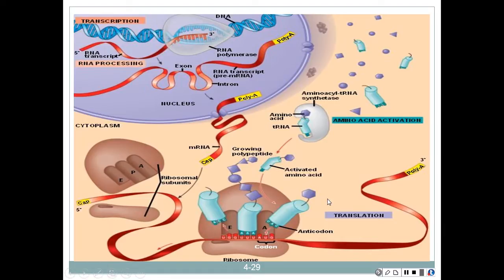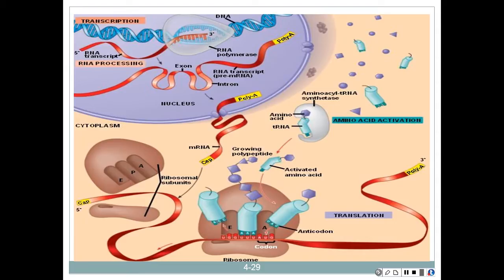If the protein is to be packed into a lysosome or exported from the cell, the ribosome docks on a rough endoplasmic reticulum, and the new protein spools off into the cisternae of the ER instead of the cytosol. So yes, I am mentioning different parts of the cell, so you guys remember what these parts are.